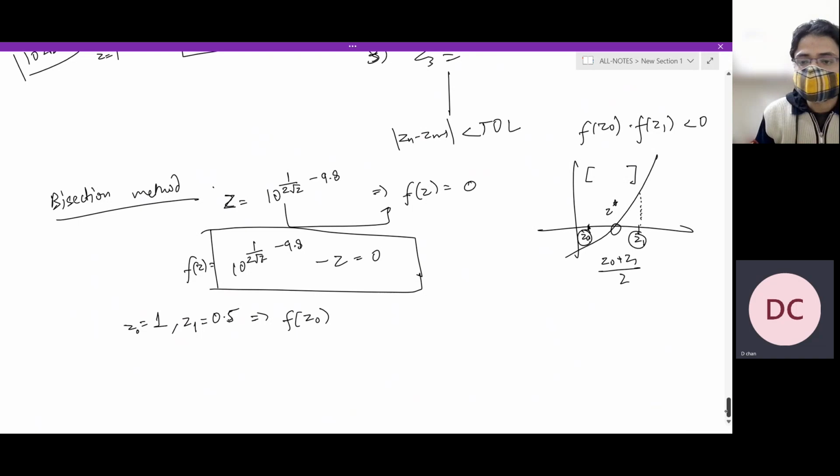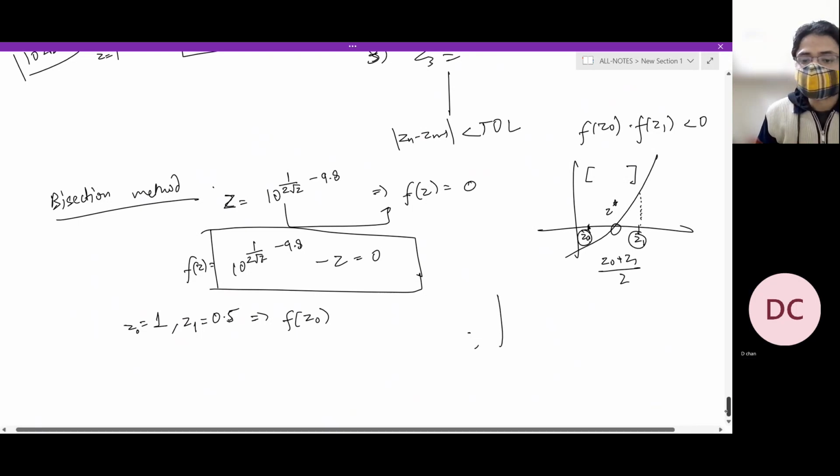Whenever a function changes nature, for example, goes from negative to positive, that means there exists a root because it has to intersect the x-axis, right? So if it's an increasing function, then the right side would be yielding a positive function value, and the left side would be yielding a negative function value.